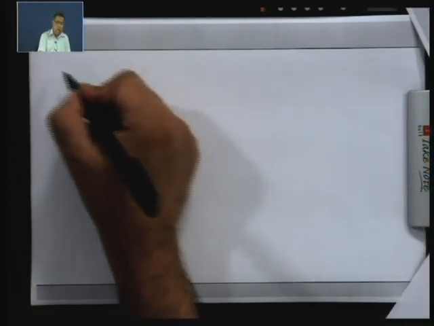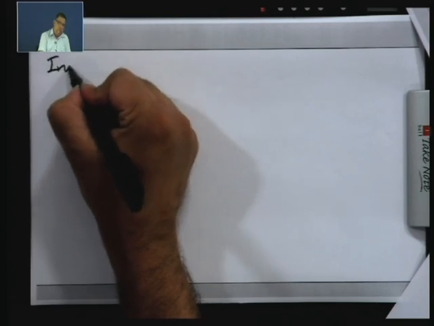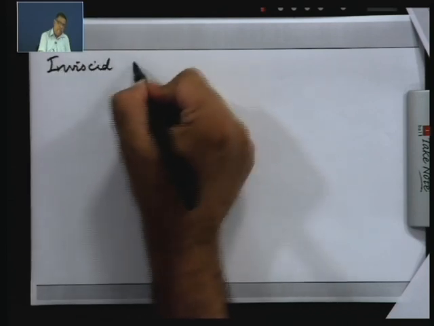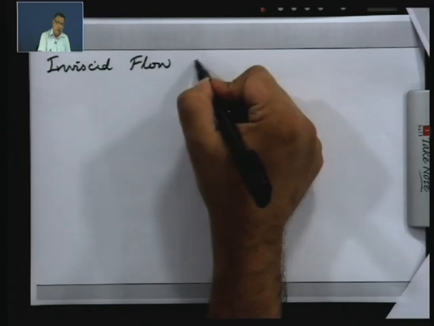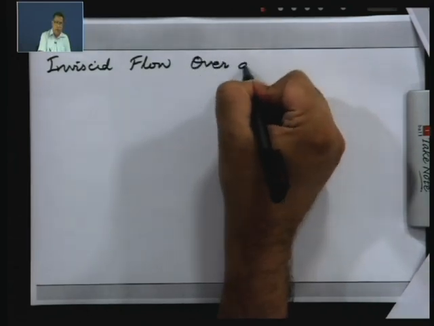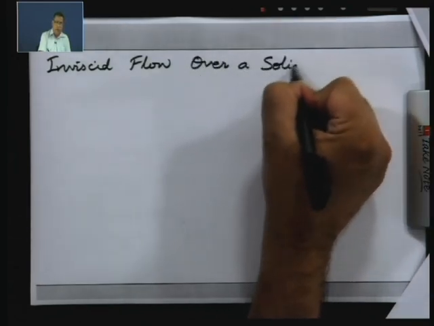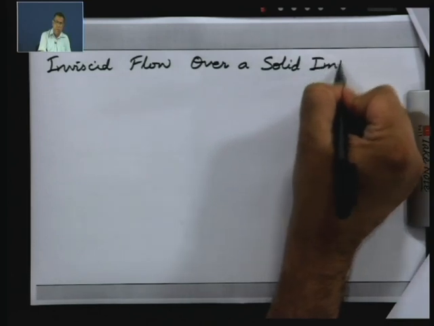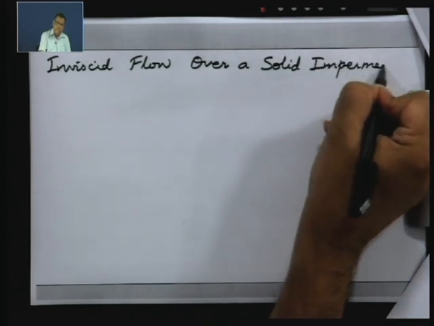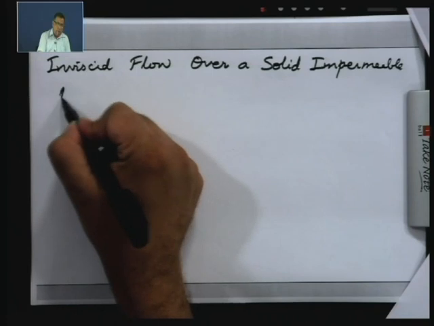Now, let us consider an inviscid flow over a solid impermeable wall.